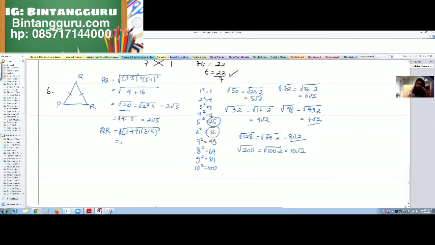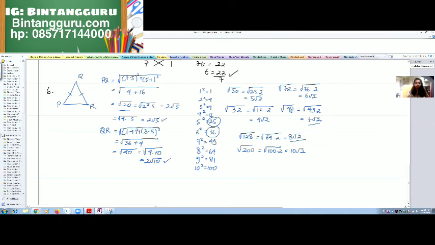So this will be 36 plus 4. So it will be root of 40. 40 will be 4 times 10, so this is 2 root 10. So QR is 2 root 10.